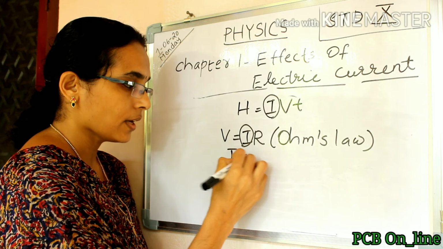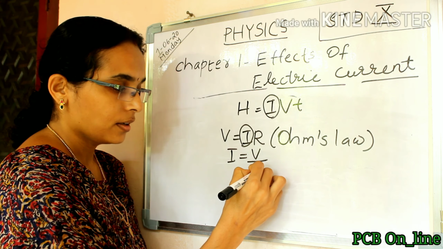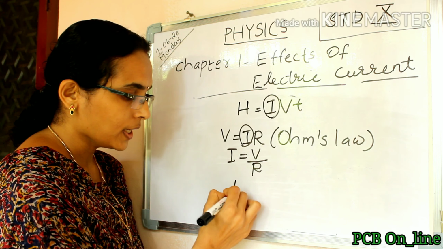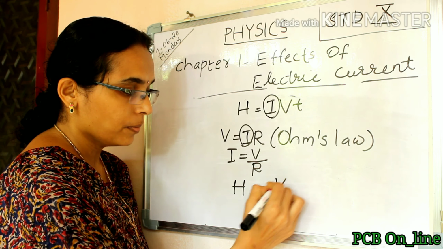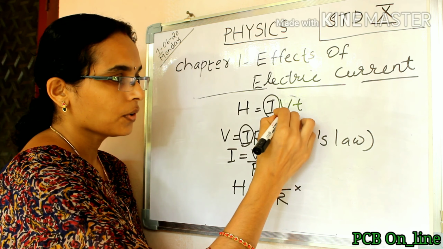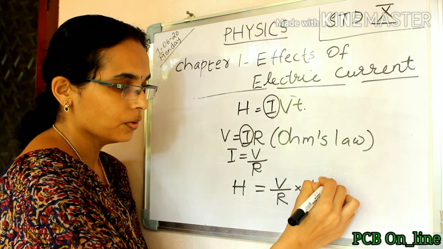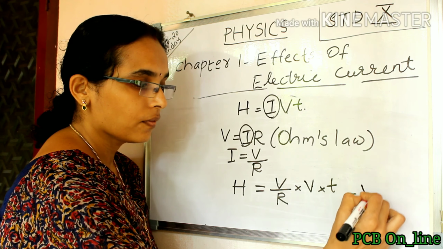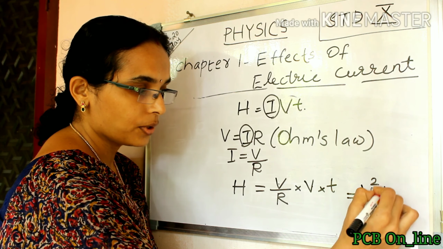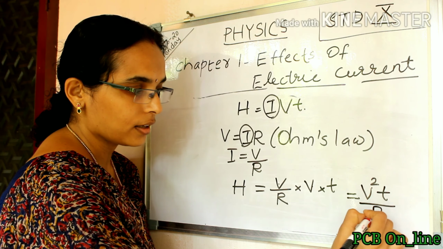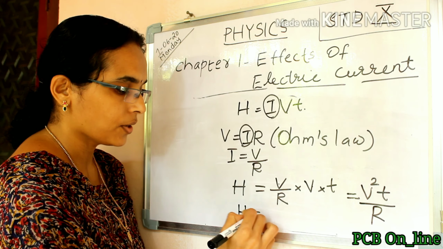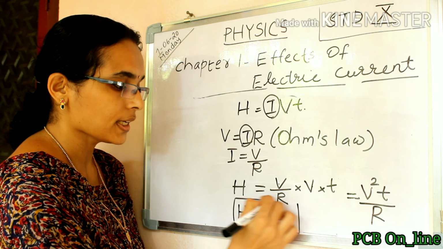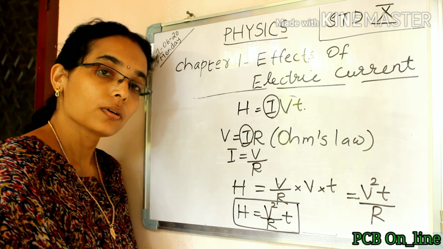That means I is equal to V by R. Substituting for I as V by R, we get H is equal to V by R into V into T. Now simplifying, V into V will be V square into T divided by R. That is H is equal to V square by R into T. This is our second equation for calculating heat.